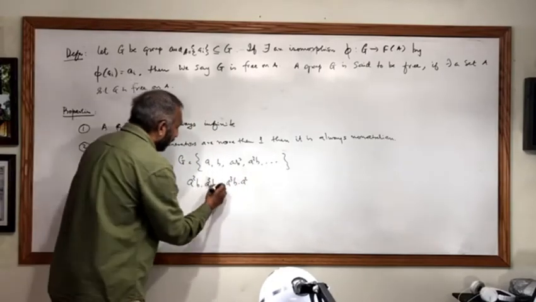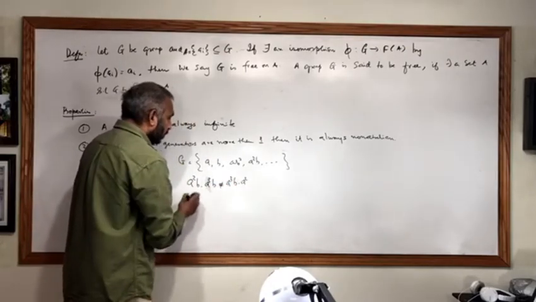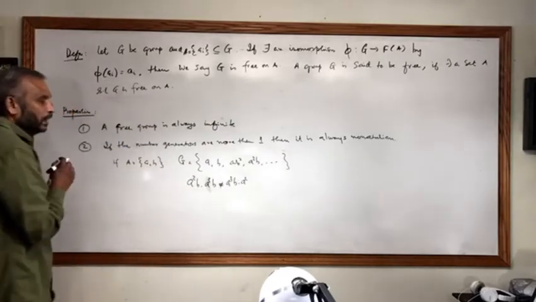That is not equal to a^2b, a^3b times a^2b. So this definitely is not abelian.